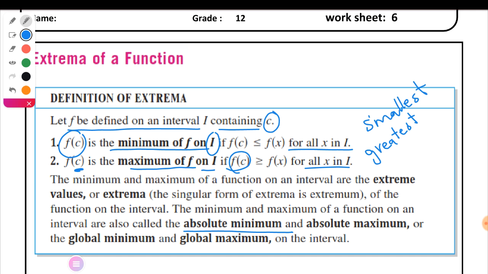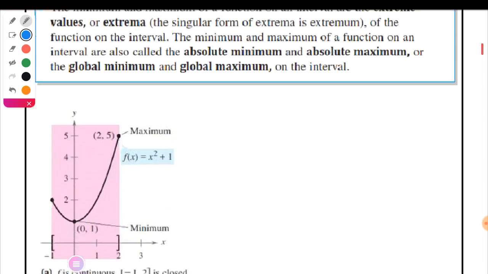Absolute maximum means that it is the greatest value of the function. The function has no value greater than the absolute maximum. That is why we name it absolute maximum or absolute minimum.